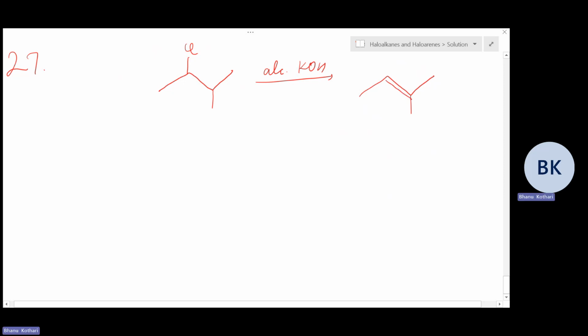We'll get the Saytzeff product. What is the number of carbon atoms which are sp2 hybridized? There's one carbon atom in this, one carbon atom in this one, right? There are 2 sp2 hybridized carbons.